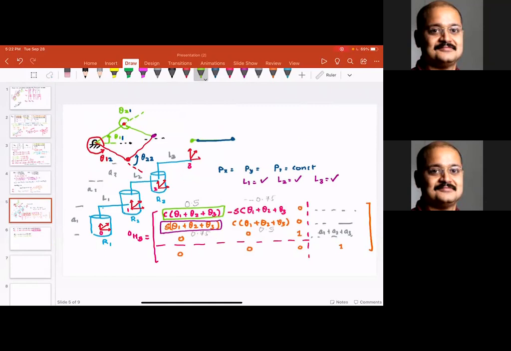Okay. So for an example, there are two ways. Inverse kinematics problem means the orientation and the position are given. What do I mean by orientation given? Either they will give you the 3 by 3 rotation matrix with numbers, or they will give you roll, pitch, and yaw angles.